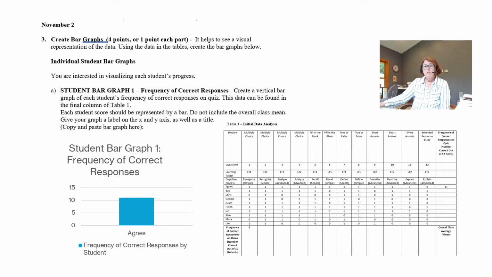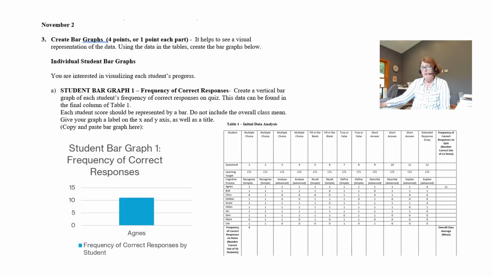So Part 2 picks up with a section that asks you to create a series of bar graphs. The purpose of the bar graphs is to take the data that you analyzed in Part 1 and pictorially represent it so you can see the patterns and trends that will pop out.